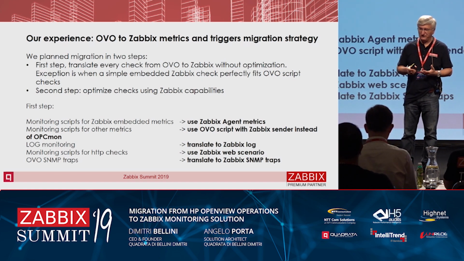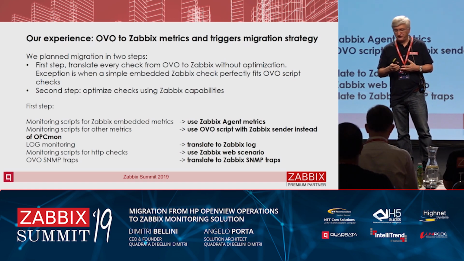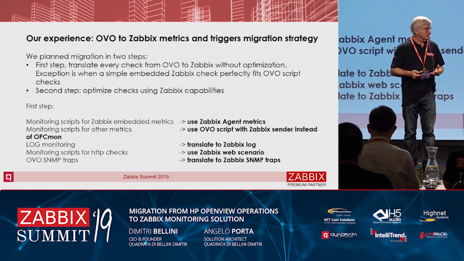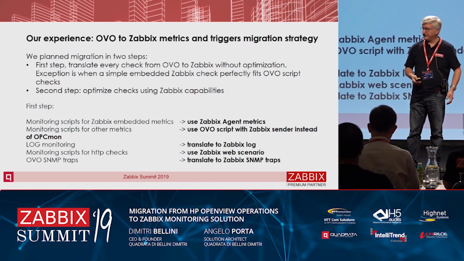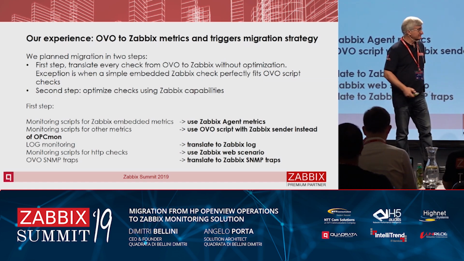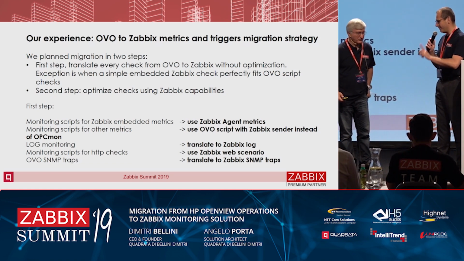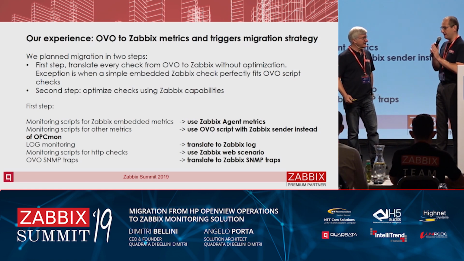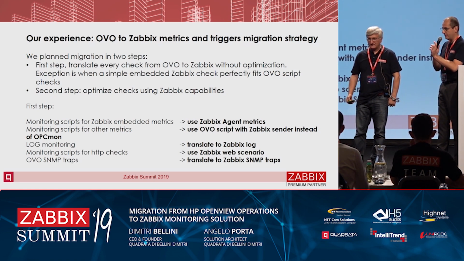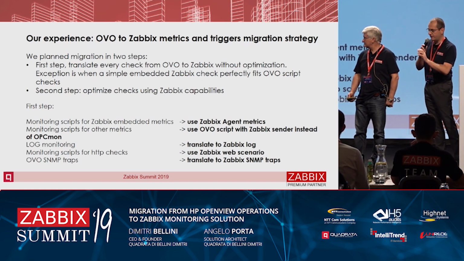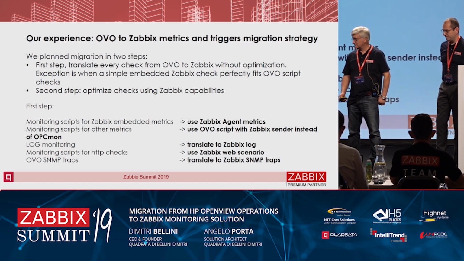For HTTP check, we use the web scenario, and for SNMP trap, we use directly the SNMP trap way of life in Zabbix. And for OPC message, we use Zabbix sender. That is the same thing. It's a binary in HP, also in Zabbix, so we can translate very, very easily.